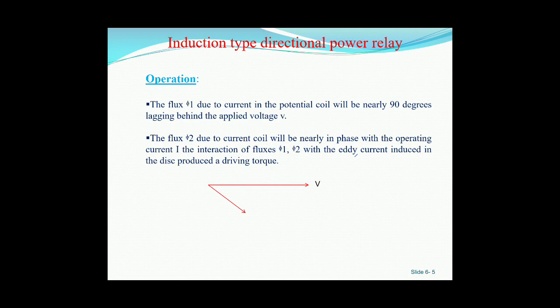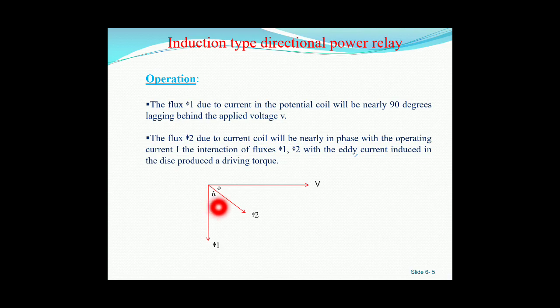The flux phi 2 due to the current will be nearly in phase with the operating current I. Next, the flux phi 1 due to the current in the potential coil will be nearly 90 degrees lagging behind the voltage. The angle between phi 1 and V is 90 degrees.